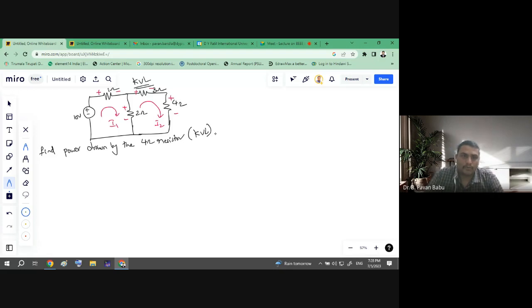So then what do we have to do? Suppose you are applying KVL in loop 1, this will be the direction of current, so the polarities remain. And if you apply KVL at loop 2, I'll write here, this is loop 1 and this is loop 2. Then you should write the polarities like this. Then it will be easy for you to apply the KVL. Okay, so let us start our problem.